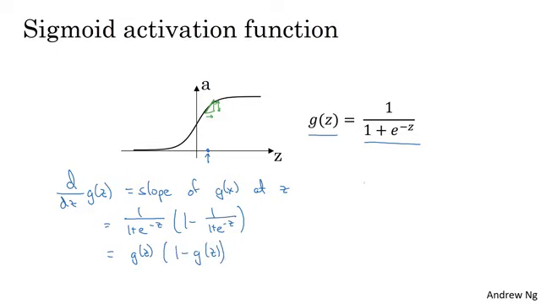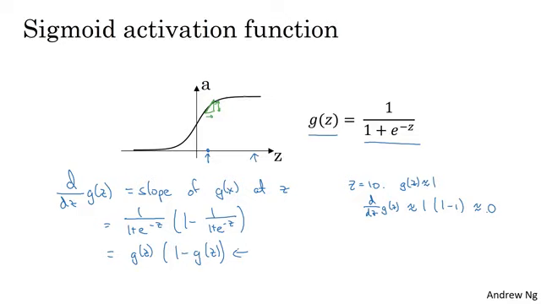First, if z is very large, let's say z is equal to 10, then g of z will be close to 1. And so the formula we have on the left tells us that d dz g of z will be close to g of z, which is equal to 1 times 1 minus 1, which is therefore very close to 0.